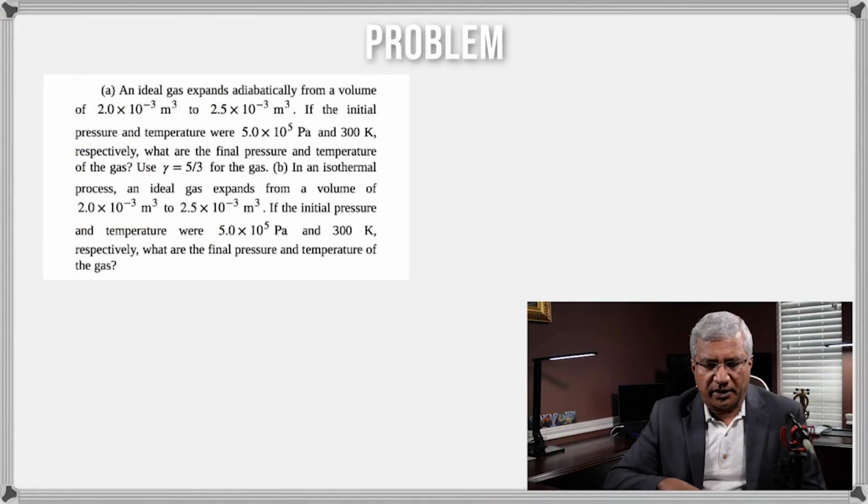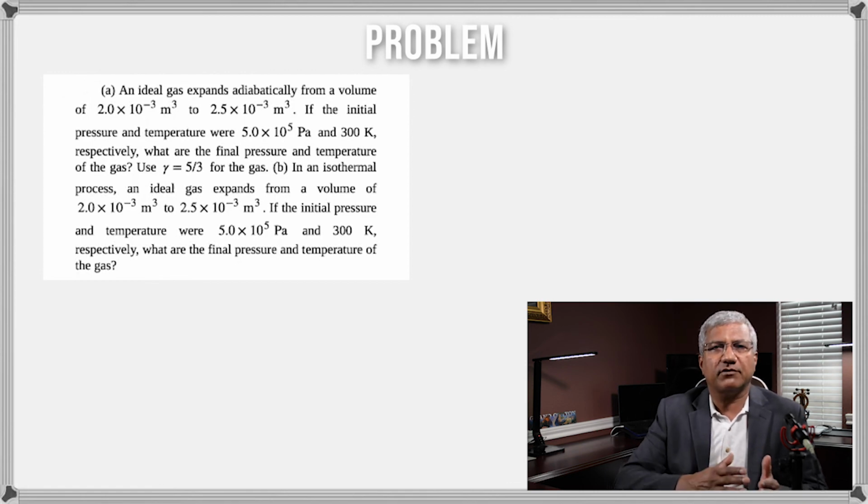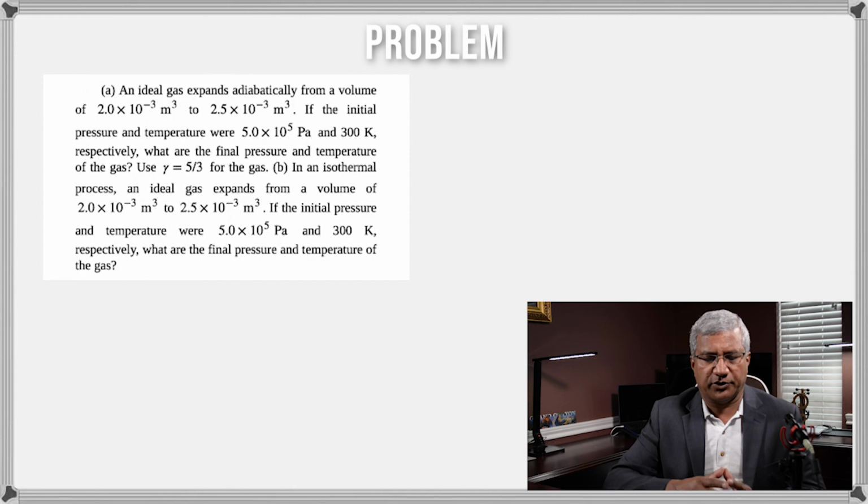All right, so let's do this problem. An ideal gas expands adiabatically from a volume of 2.0 times 10 to the negative 3 meter cube to 2.5 times 10 to the negative 3 meter cube. You have the initial volume, you have the final volume.